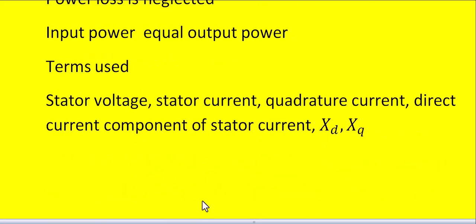The terms that are used here are stator voltage, stator current, quadrature current, direct current component of stator current, that is Id, Iq, Xd, Xq, where Xd means direct axis reactance and Xq is quadrature axis reactance.